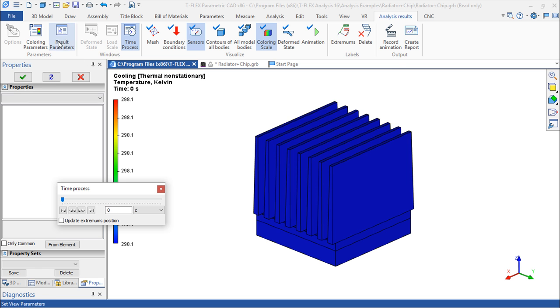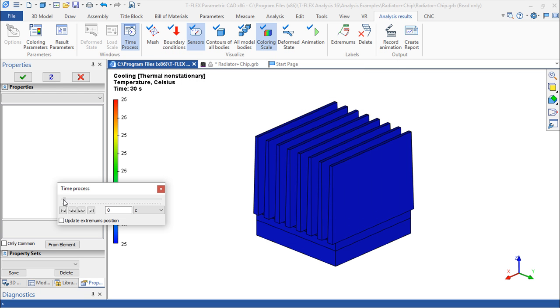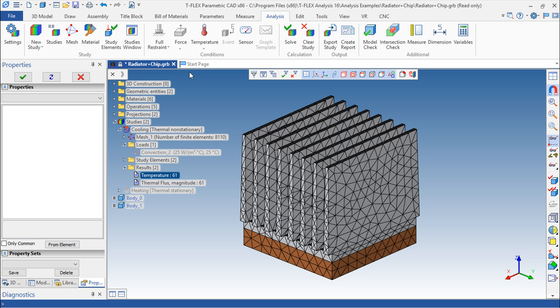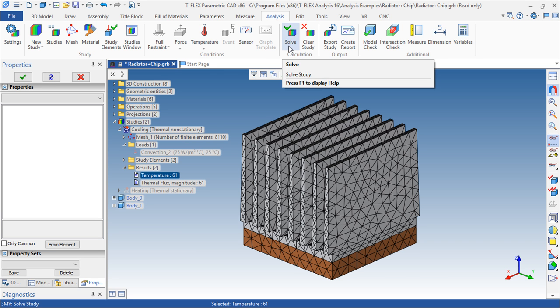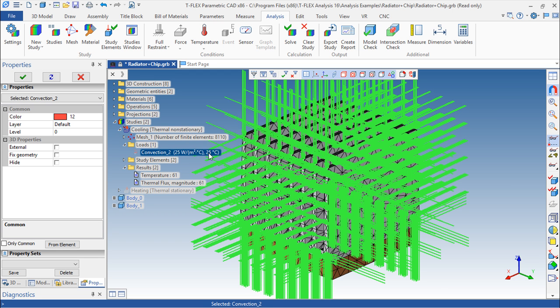Let us see resulting parameters again in terms of Celsius. Okay, it starts at 25 and it does not change, because I think it is always at this working environment.